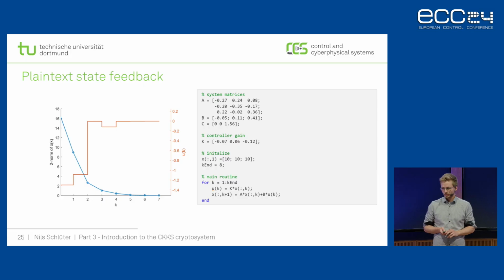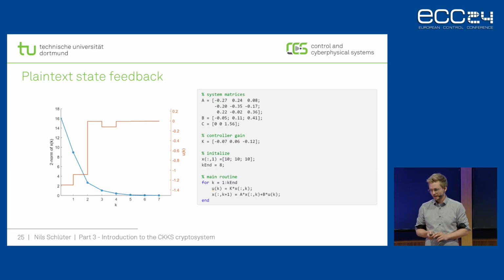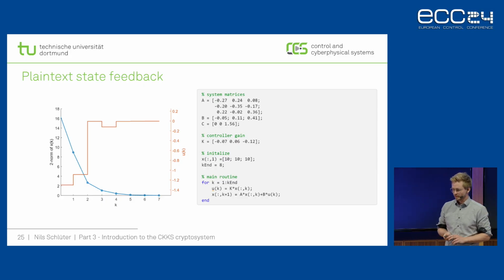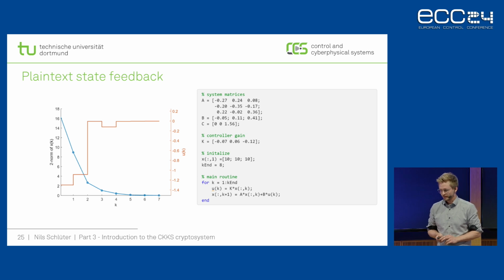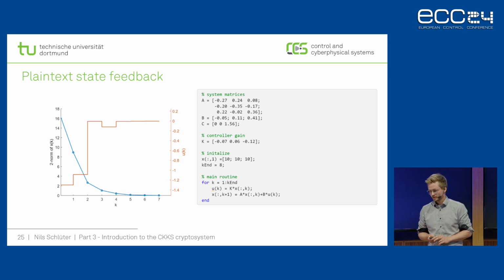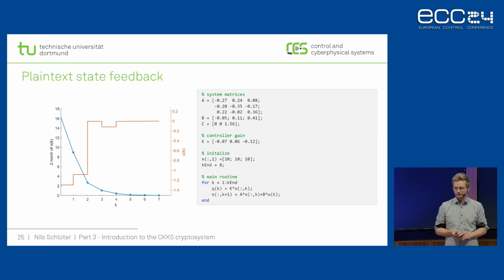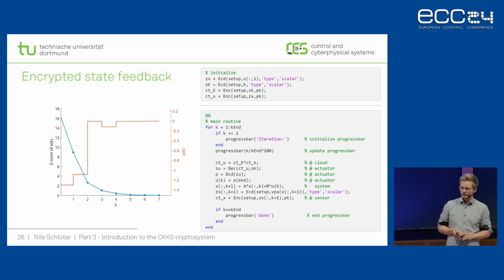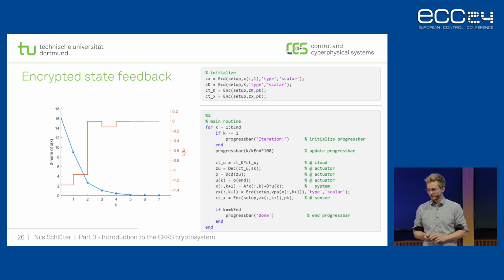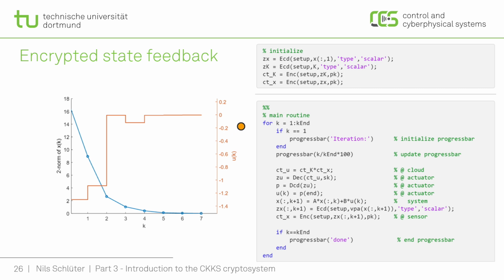And let's now finally dive into the remaining control examples. So here we have the plain text state feedback. This is the MATLAB implementation of that. Yunsu and also Moritz already told you about the convergence properties. The encrypted state feedback in CKKS looks very similar. It's a little bit different. We have here the encoding.